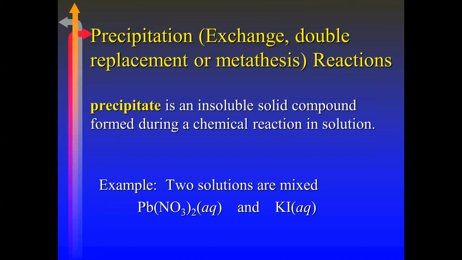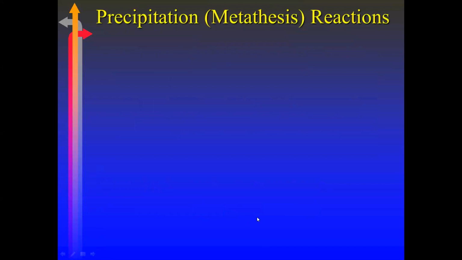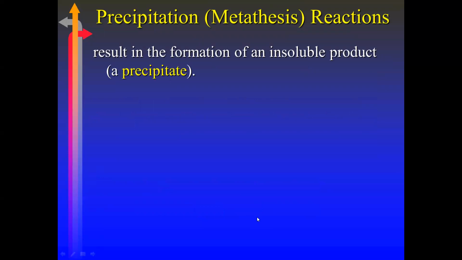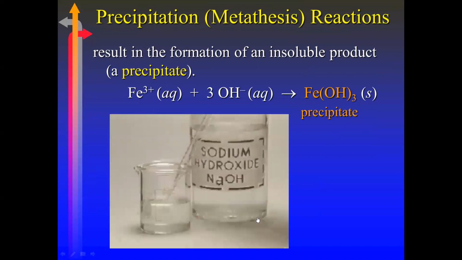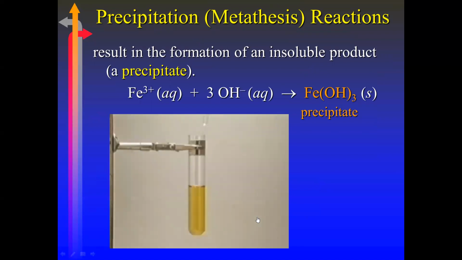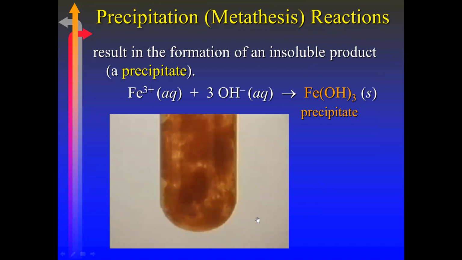An example is if two solutions are mixed, for example, lead nitrate and potassium iodide. If we mix these two. In the test tube, we have an aqueous solution containing iron 3 ions. To this, we will add a solution of sodium hydroxide. A precipitation reaction occurs that produces iron hydroxide, an insoluble metal compound.